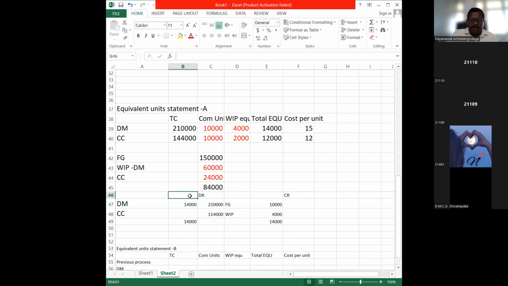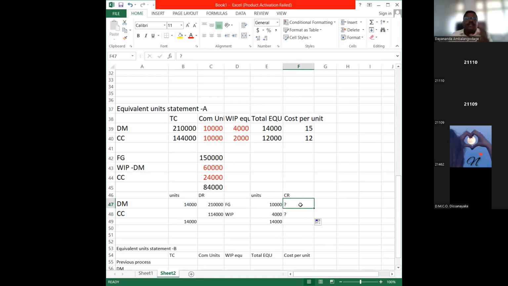Here units, and here also units, and our fundamental question is to value this. So to value your inventory, remember this is linked with financial reporting. Without having the closing stock value, you can't prepare the balance sheet.